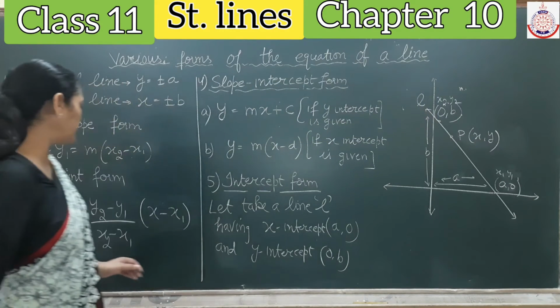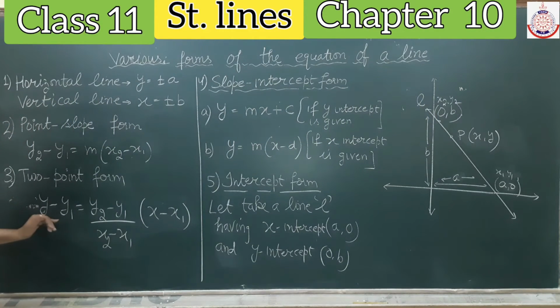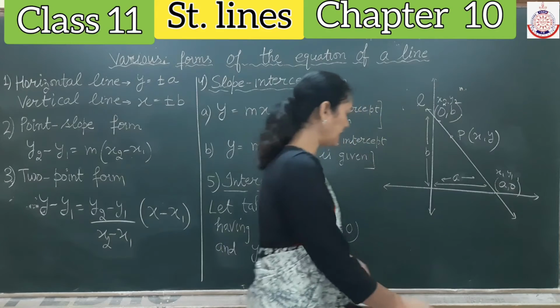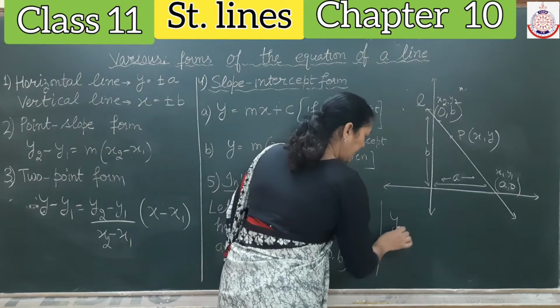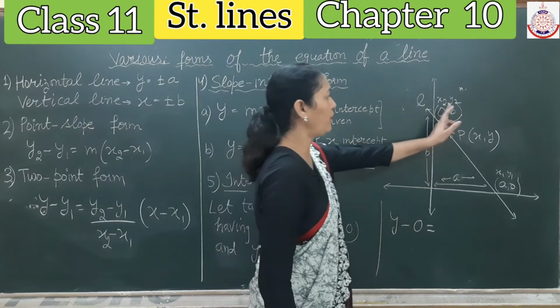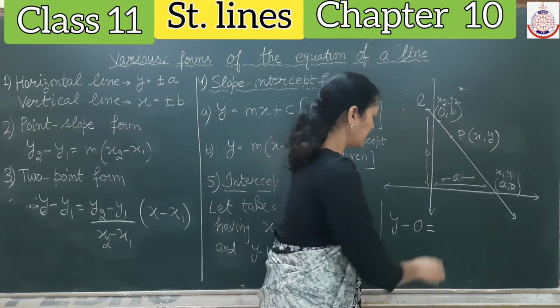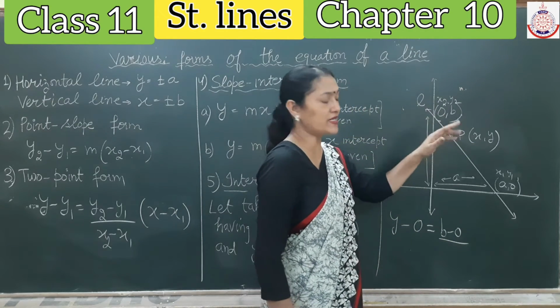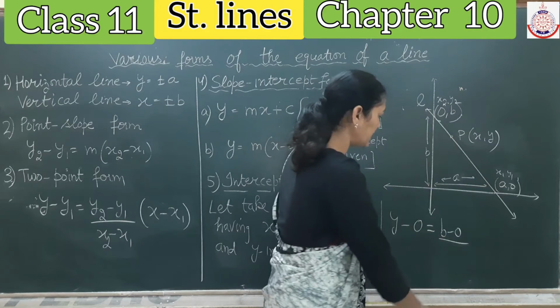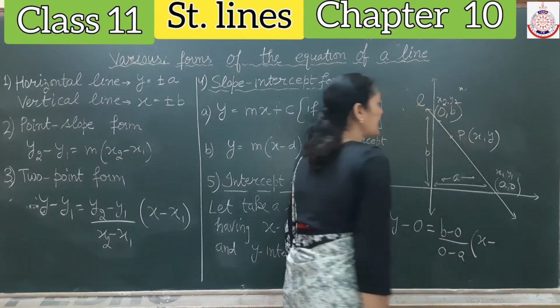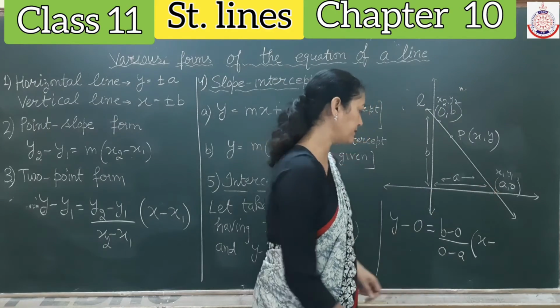So inserting the values in 2-point form, y will remain y only. Instead of y1, what will come? 0 will come. So we'll be writing y minus y1, y1 is 0, equals y2 minus y1, that is b minus 0 upon x2 minus x1, 0 minus a, then x minus x1, x1 is a.